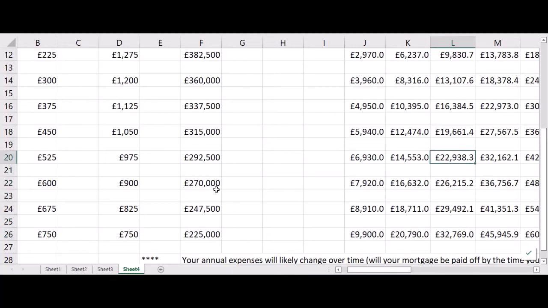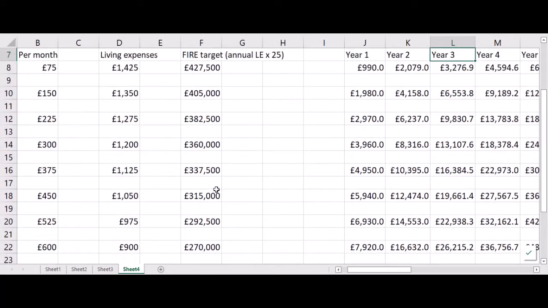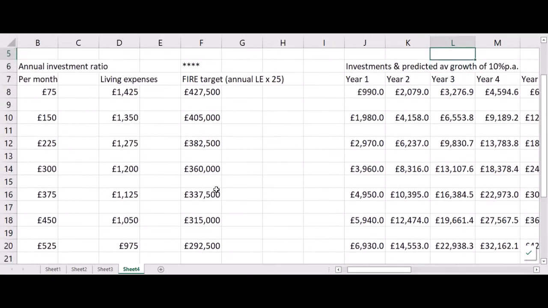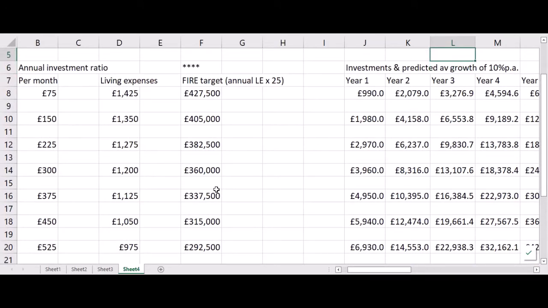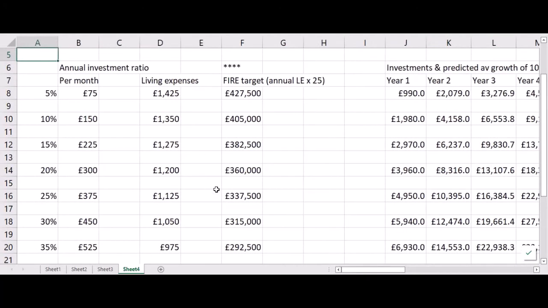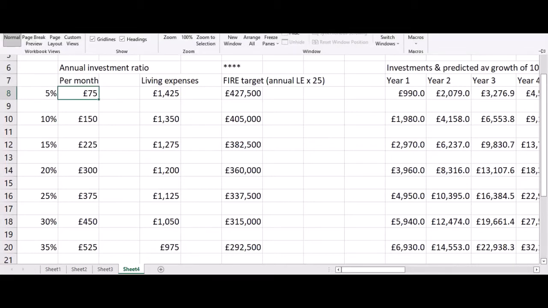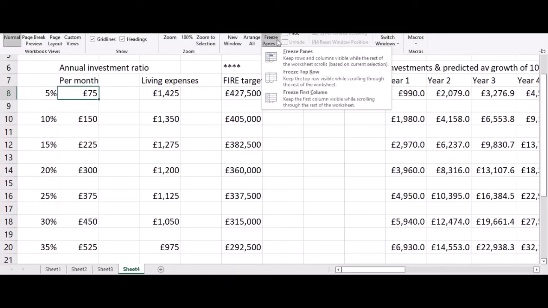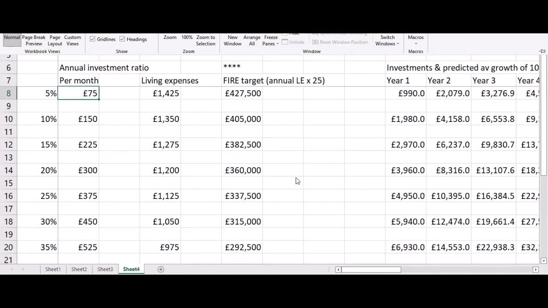Actually, let me just go up here because I want to freeze the frame so that you can see the years listed underneath. That would be a lot more helpful. So if I freeze this here, hopefully that will do it for me. There we go.